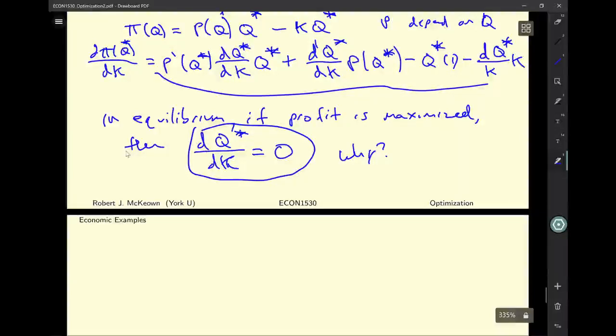Well, let me try rearranging our expression here. And not so much rearrange it, but let me factor out our changes in Q star with respect to K. I see I missed a little d there.